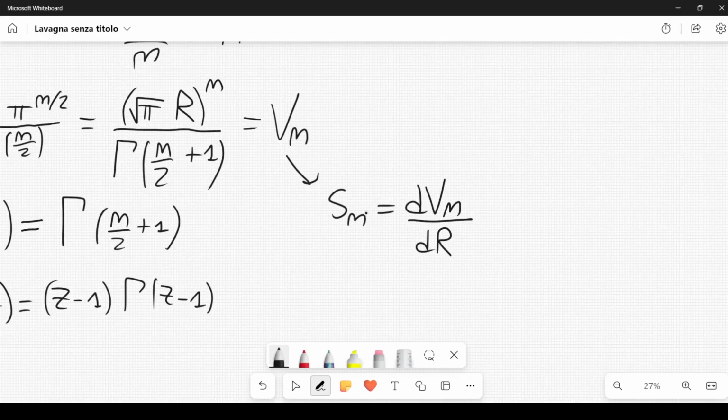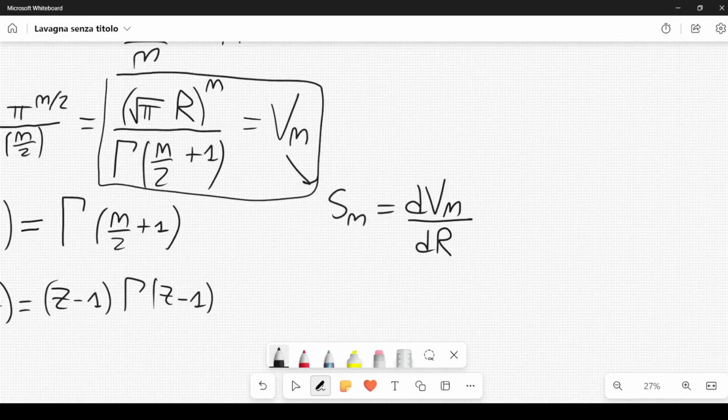If you think about it, it makes sense that indeed the surface of the sphere should satisfy this simple equation here. Now it is possible to check and expand on the result that we have found here, but I'm not going to expand too much on it. I'm just going to show you that, for example, when n is equal to 2, the surface of this sphere is actually a circumference, so you get a circle.